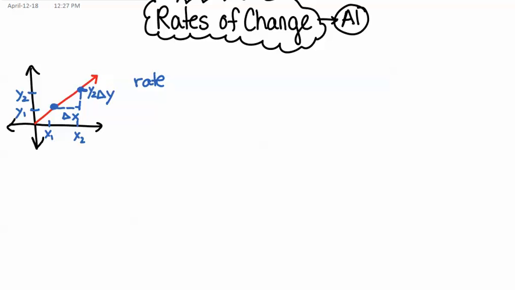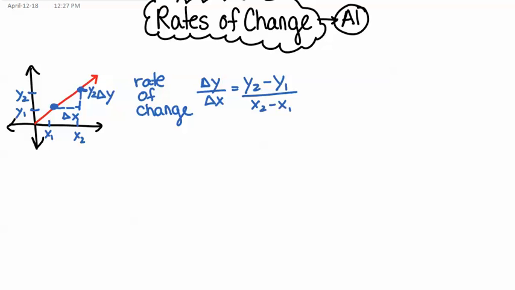So we determined this formula, rate of change, change in y over the change in x, to be y2 minus y1 over x2 minus x1. So it's just determining what's the change in the y's and what's the change in the x's, and then we divided it to get our rate of change. So that was great in grade 9 because our lines were straight and we could just pick 2 points on them and find the rise over the run.